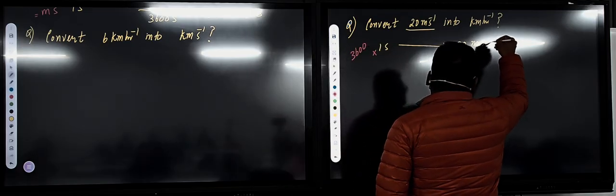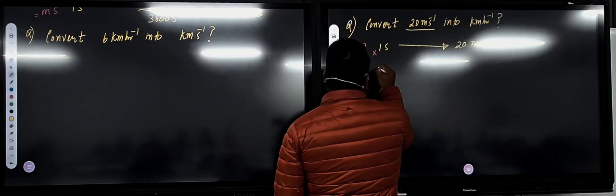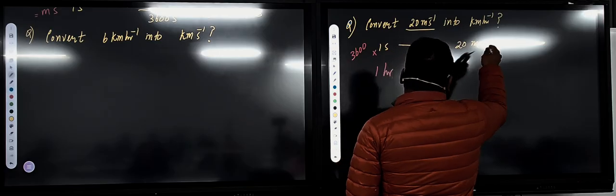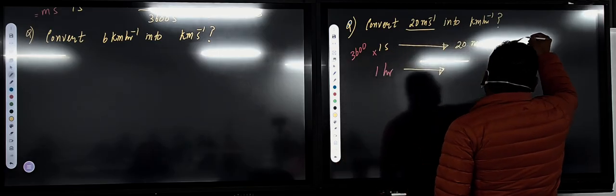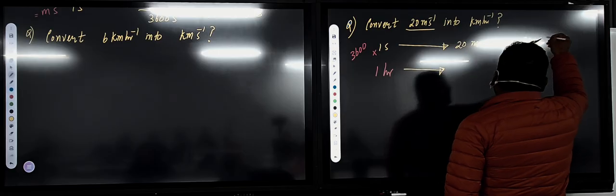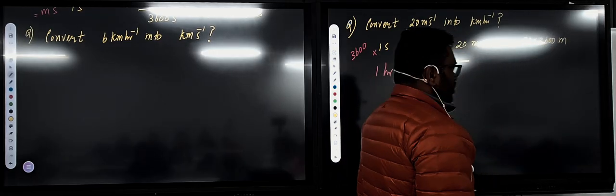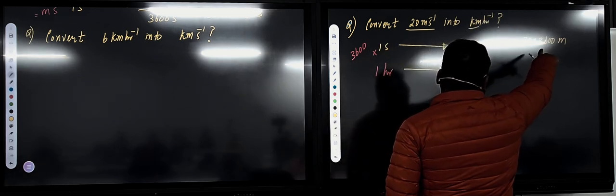So you do the same thing, 3,600. Then you get 1 hour here, and from here you get 20 times 3,600 meters. Now you need kilometers, so you divide this by 1,000.